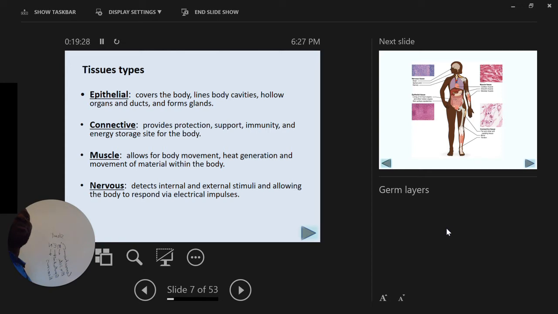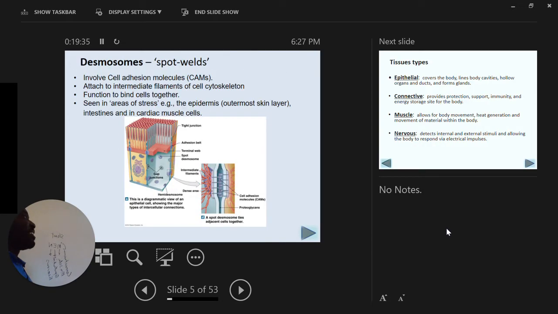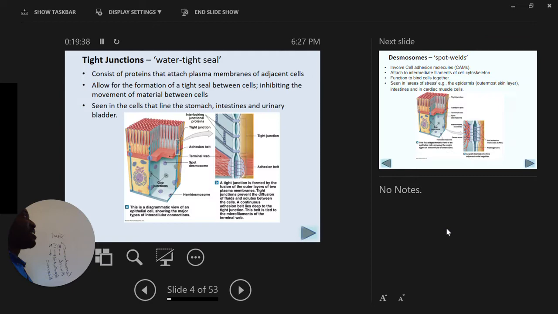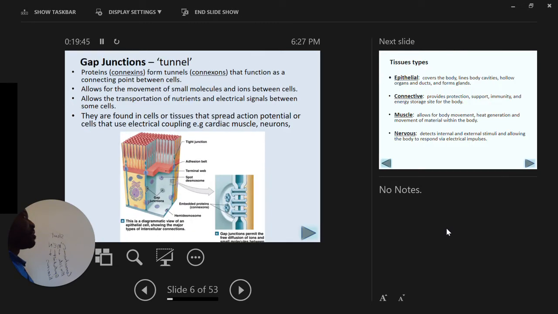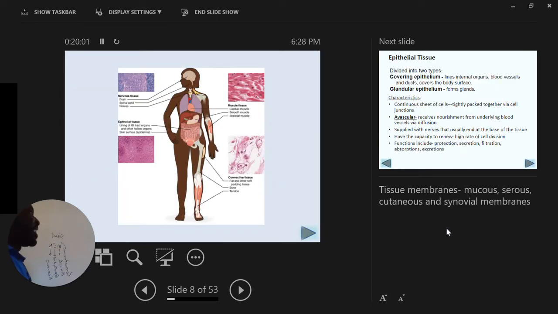Which kind of cell junction is there? That's what I wanted to hear, gap junctions. Does it make sense now? So I need you to be connecting stuff as we are going. Okay? Let's go.